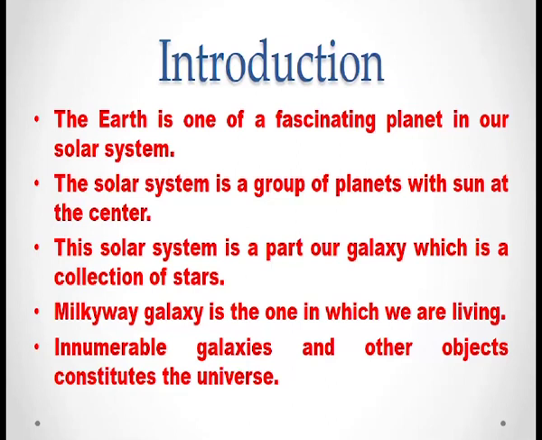Like our solar system, innumerable solar systems are there in the Milky Way galaxy, each with one star at the center. Innumerable galaxies and other objects like asteroids, meteorites, comets, meteors, many other objects are there in the galaxy and in the universe. This is how the whole universe is created.